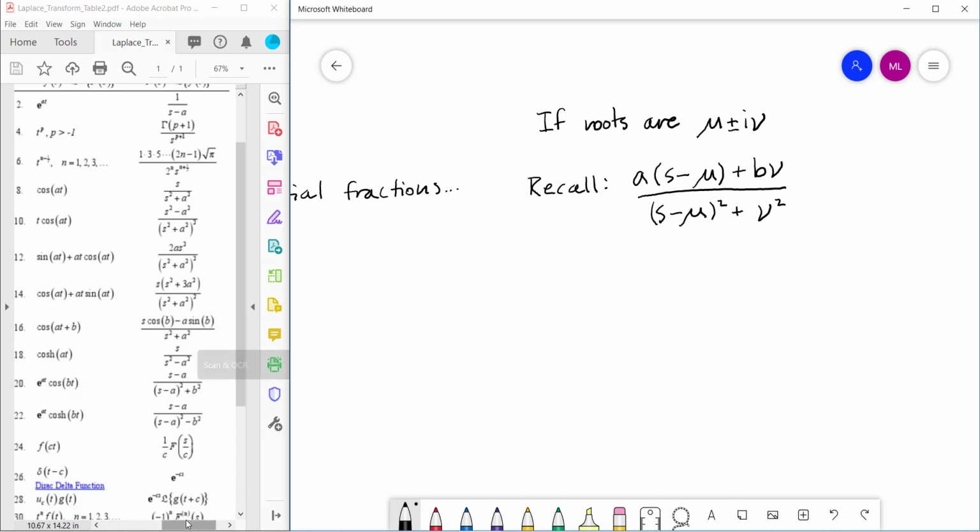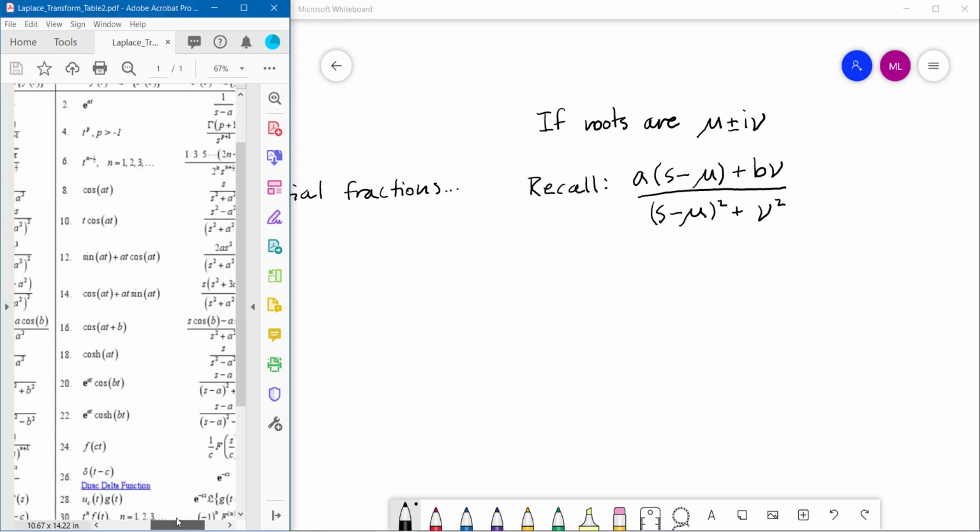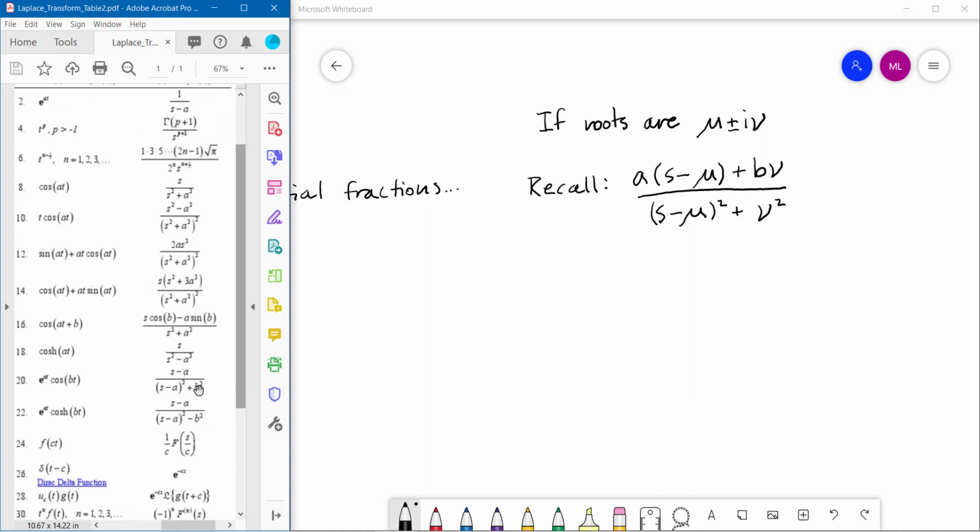So let me just point those out real quickly. Here's one of them, equation 20. Instead of just having s in our numerator over the complex conjugate where we've completed the squared denominator, it's much nicer if I can match s minus a to the s minus a that shows up down here. So s minus mu matches these s minus a's, and this thing that I'm calling a would wind up just being a coefficient sitting out in front of the whole thing.